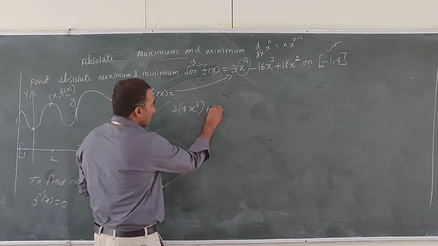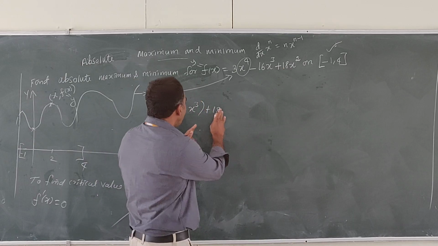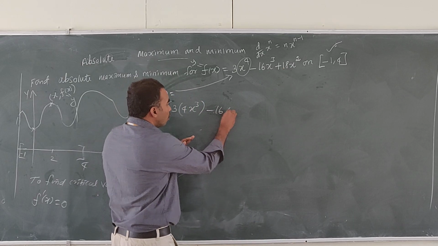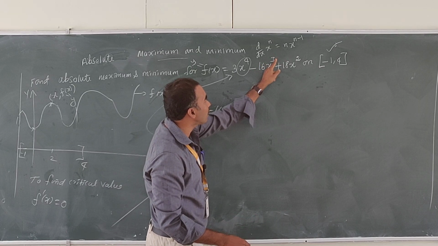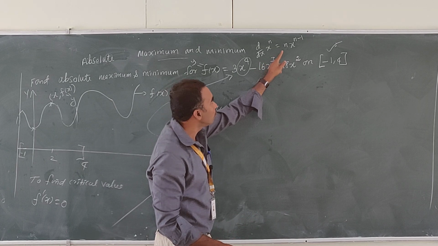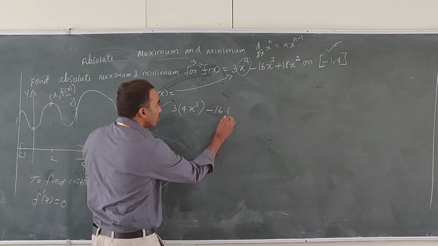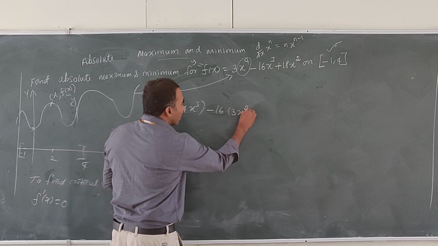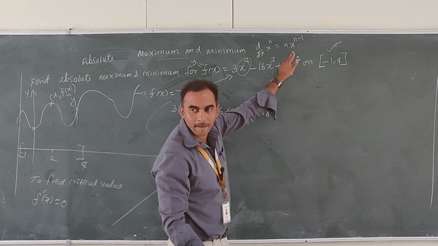Next, minus 16. What is the differentiation of x cube? Apply the formula. Instead of n, here is 3. So 3 x power 3 minus 1, that is 2. So 3 into x square. Plus 18 into, what is the differentiation of x square?